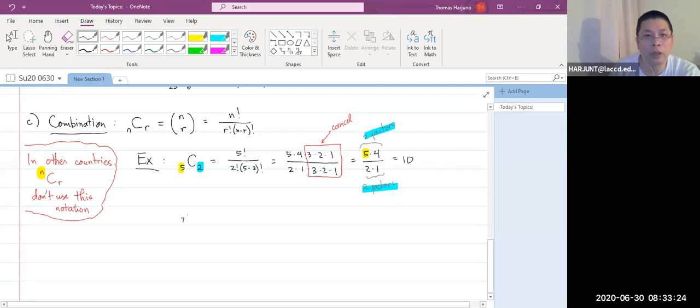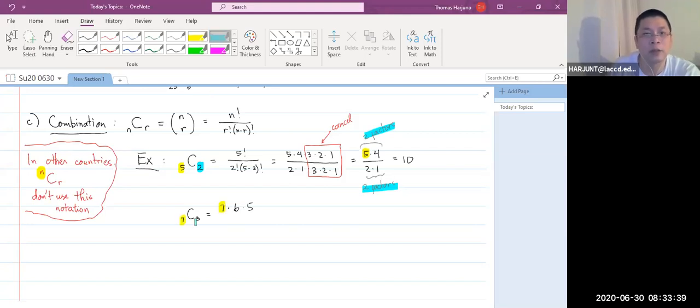the short way by hand. So 7 combination 3 means on the top will be the permutation part. 7 times 6 times 5. Start from 7, 3 factors, divided by 3 factorial, 3 times 2 times 1.